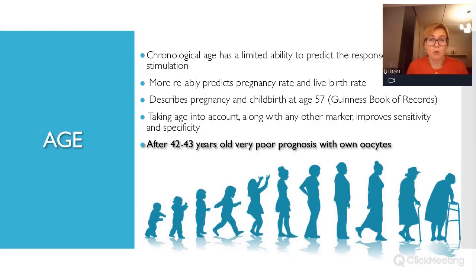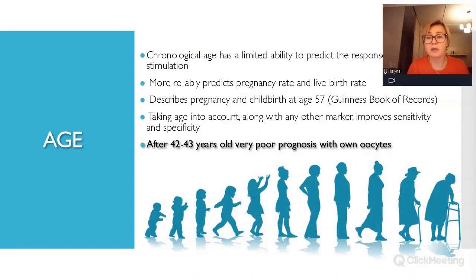So age, why is it in the first place? Because we know that the age of women is correlated with the probability of pregnancy. Of course, it is necessary to say that chronological age has a limited ability to predict the response to stimulation.